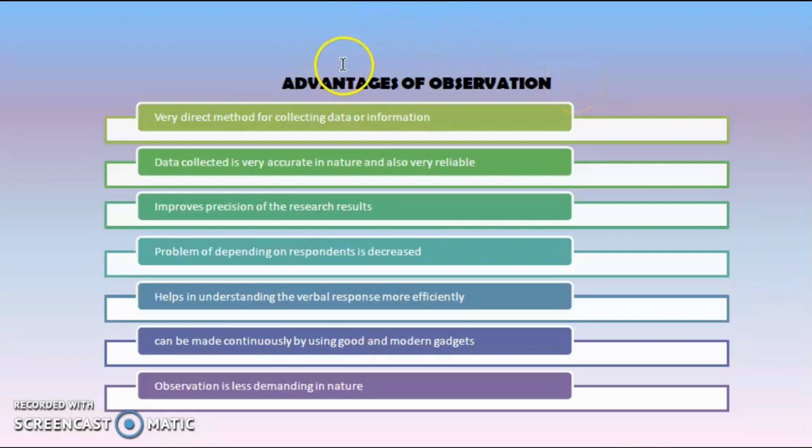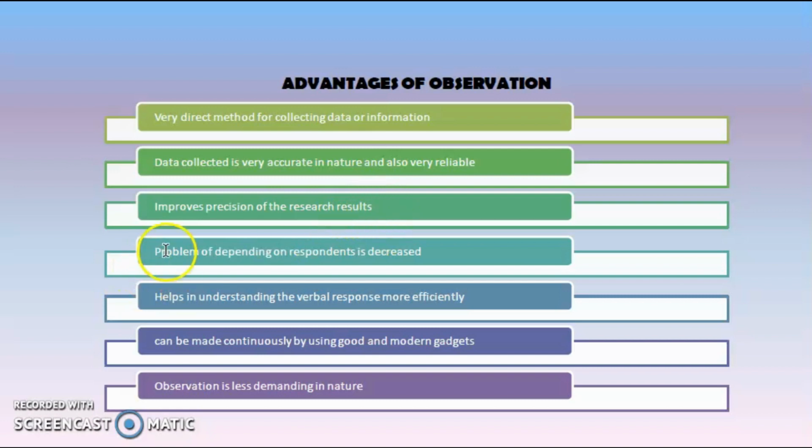Now, let's look at the advantages of observation. First, it is a very direct method for collecting data or information. This is the best for the study of human behavior. Second, the data collected is very accurate in nature and also very reliable, as we have done that with our own observation. Third, it can improve the precision of the research results.